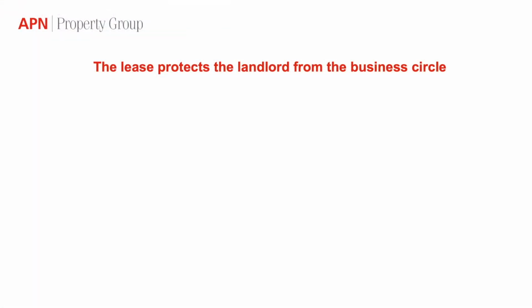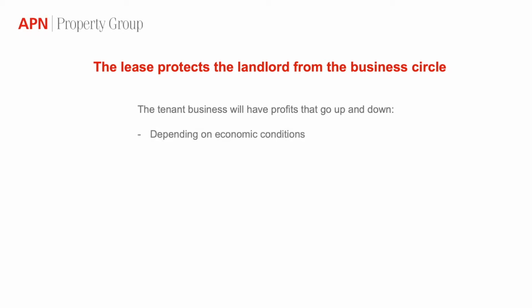The lease protects the landlord from the ups and downs of the business cycle. So your tenant, the person who's borrowed your property, their business will have profits that go up and down depending on economic conditions, depending on their particular industry cycles.